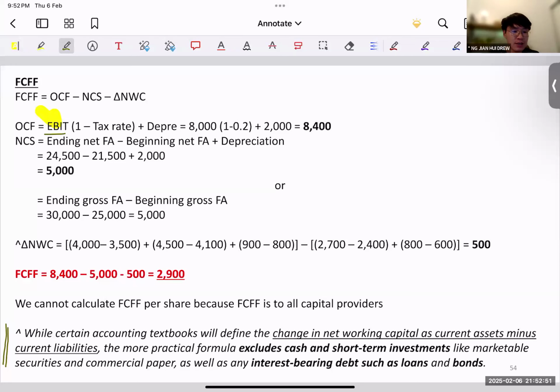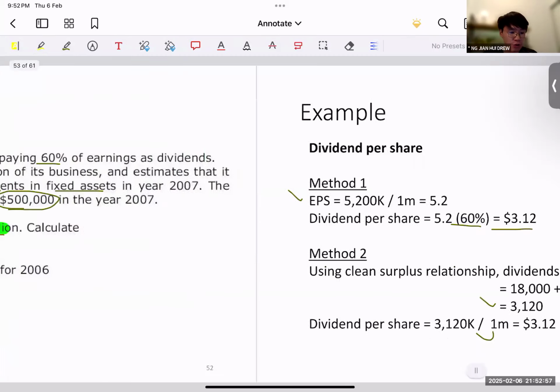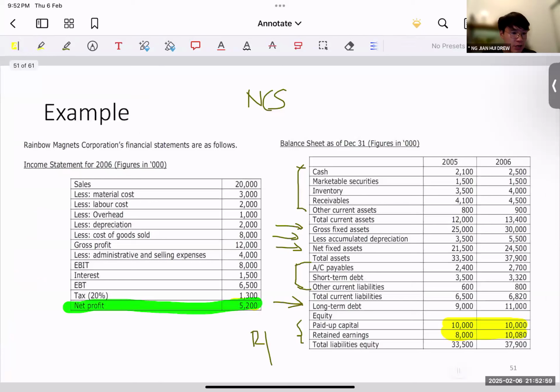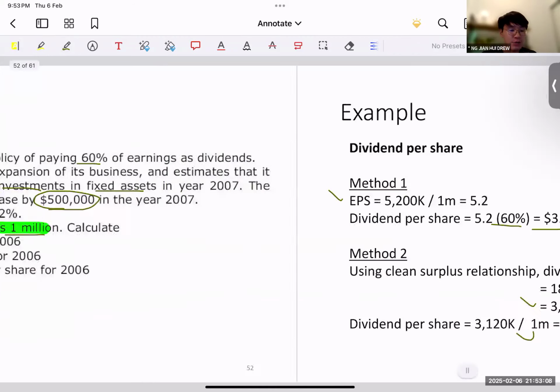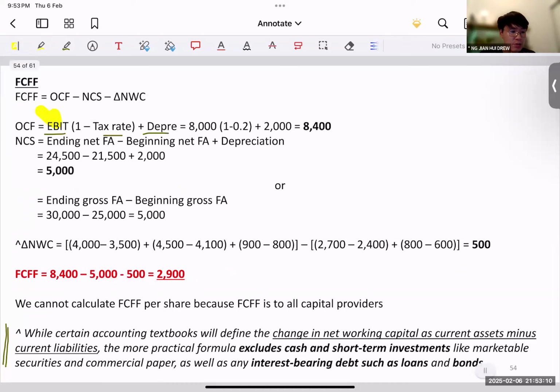So with the EBIT formulation, basically I plug in the figures, your tax rate, and your depreciation. So I'm just going to flip back to show you. I'm going to start off with EBIT. There's a depreciation here, tax rate of 20%, this one. So I'm plugging in the values to give you your OCF here.